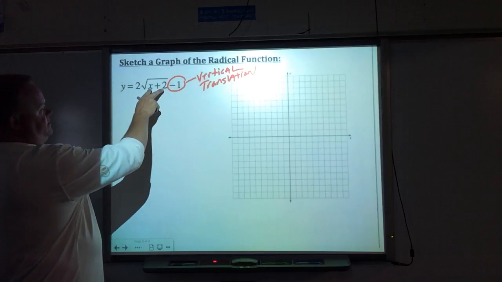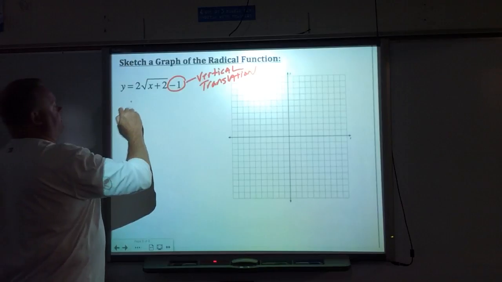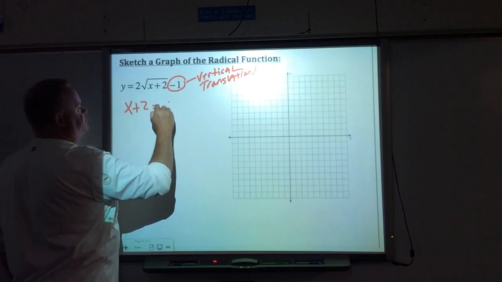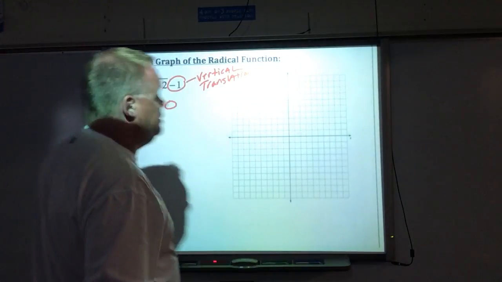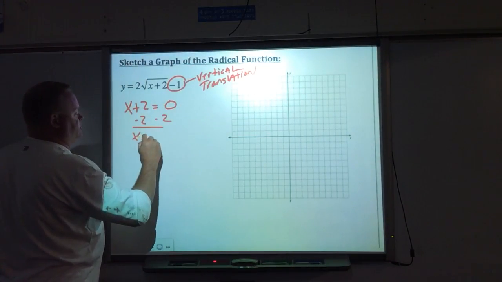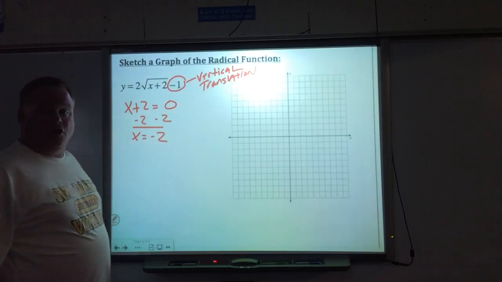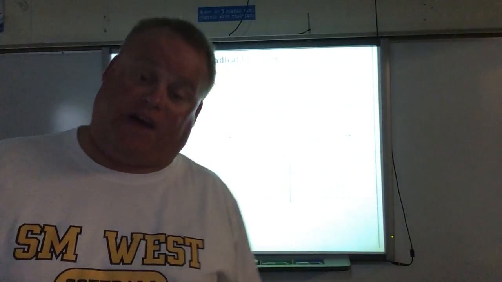Looking at x plus 2 underneath, I set x plus 2 equal to 0 because I want to find my domain. I subtract 2 from both sides, then x is equal to negative 2. So I know my starting point is going to be negative 2 on the x values.